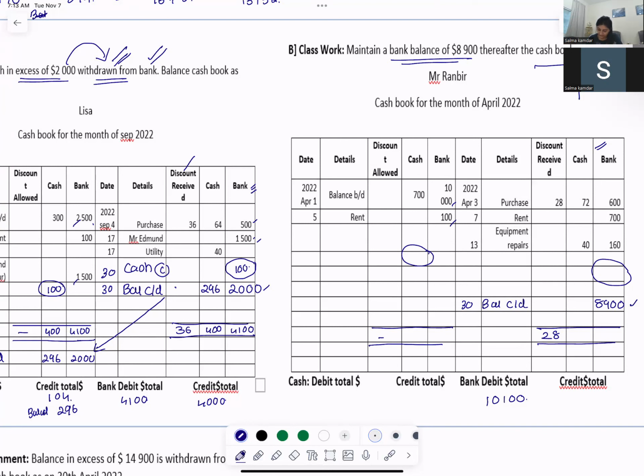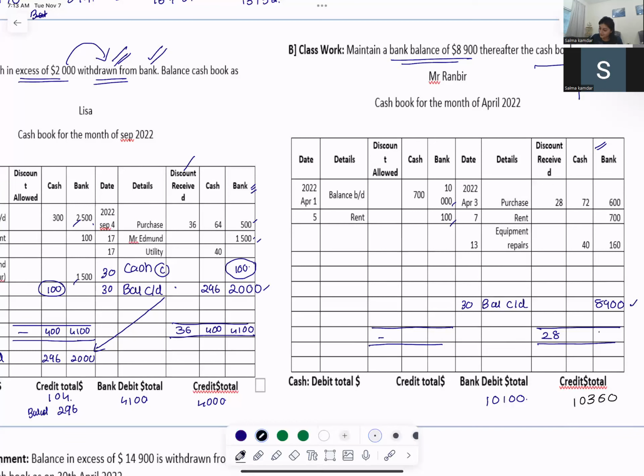So the credit total of bank is 10,316. Now when I look over here, I see that bank needs to have a balance closed down of 8,900 and the credit total of bank is 10,316.